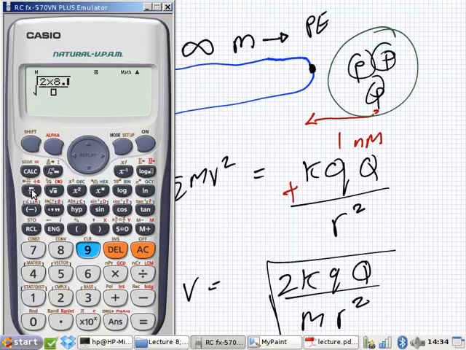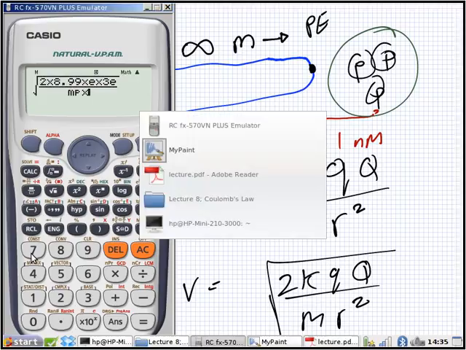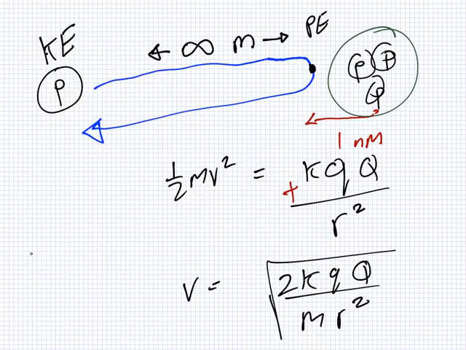Two k q, which is 23, times q, which is 3 protons. Mass of a proton, and then the distance is, now I made a mistake. What's my mistake?